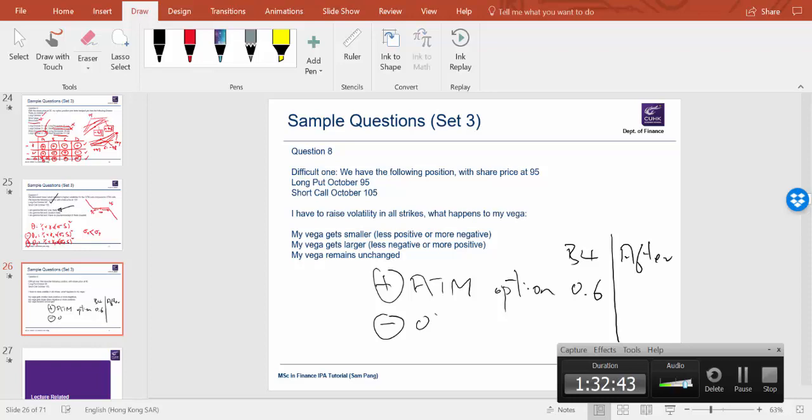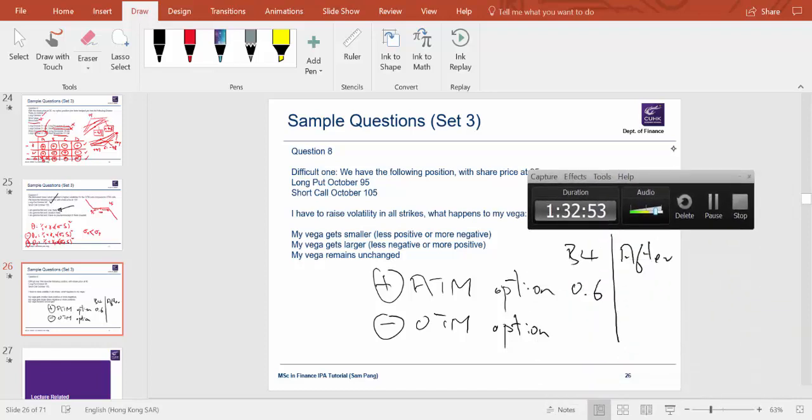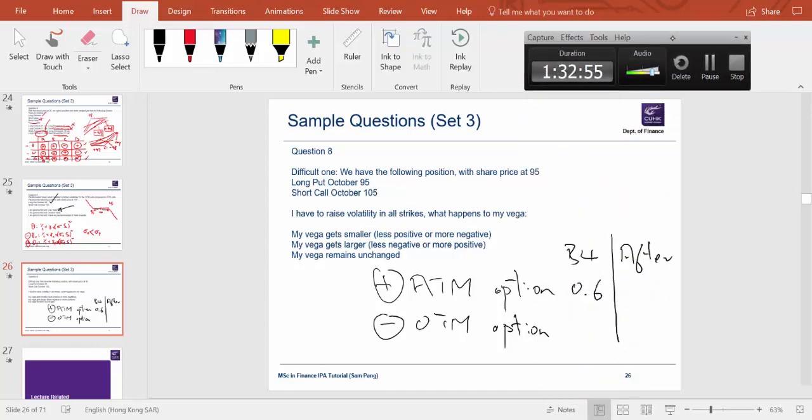So you are short an out of the money option. So the Vega is very, very small. It's tiny. So maybe it's just minus 0.05. So on a net basis, you will be long Vega 0.55, let's say. This is the total.